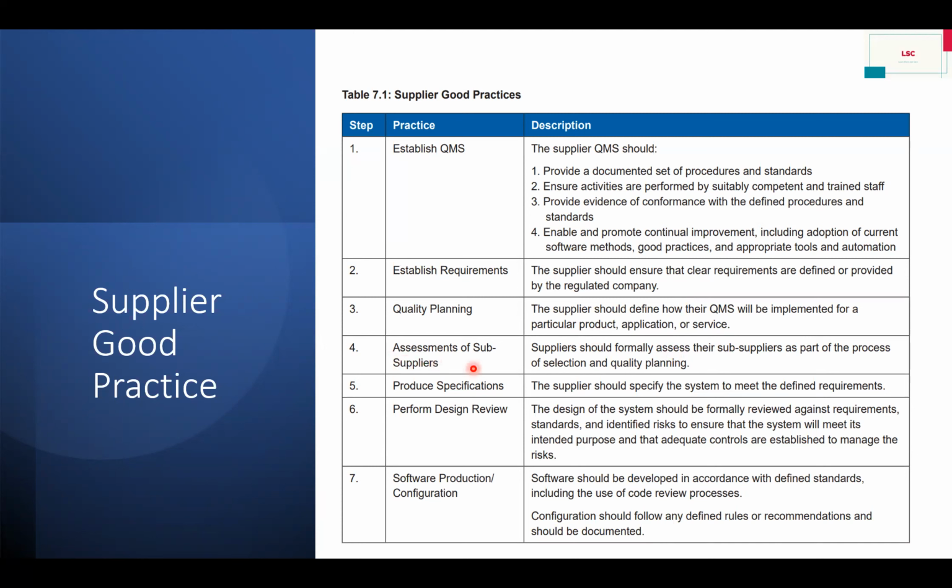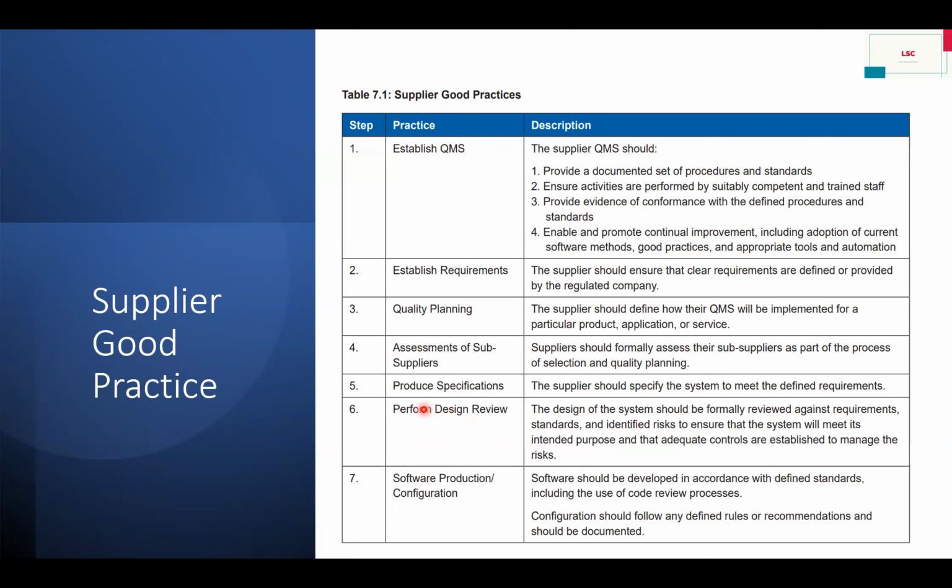Fourth one, assessment of sub-supplier. If you are a supplier and you have some sub-supplier, the supplier should formally assess their sub-supplier as a part of the process of selection and quality planning. What is the process of selecting the sub-service or sub-supplier? That part is also included here in supplier good practice.